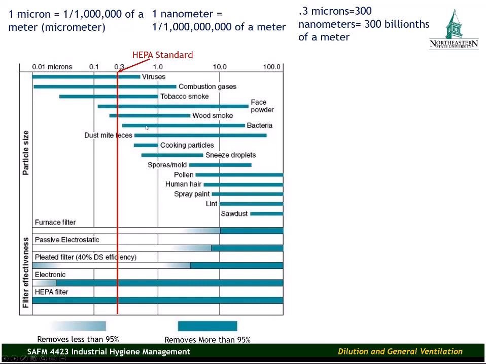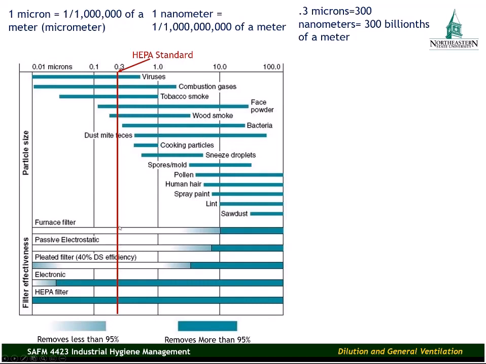Bacteria, you're going to be pretty well protected because bacteria range from a size just above 0.3 microns all the way out to, let's say, 40 microns. Bacteria are larger than viruses. Cooking particles, sneeze droplets, spores, mold. You're going to get good protection with the HEPA standard filter from these other contaminants.